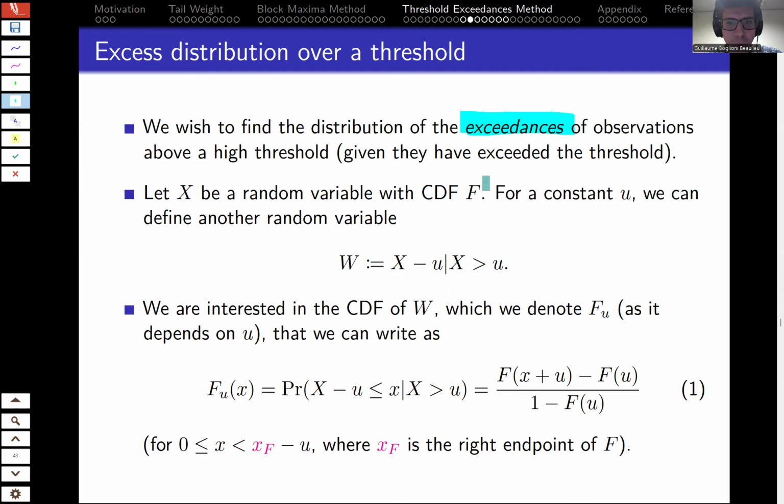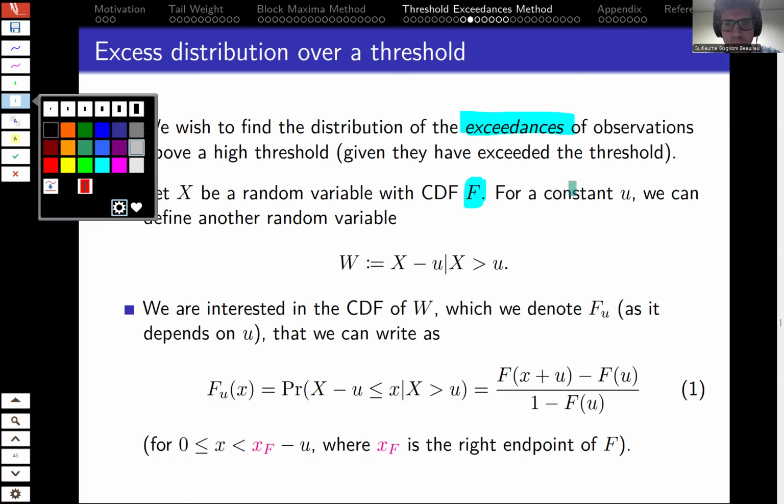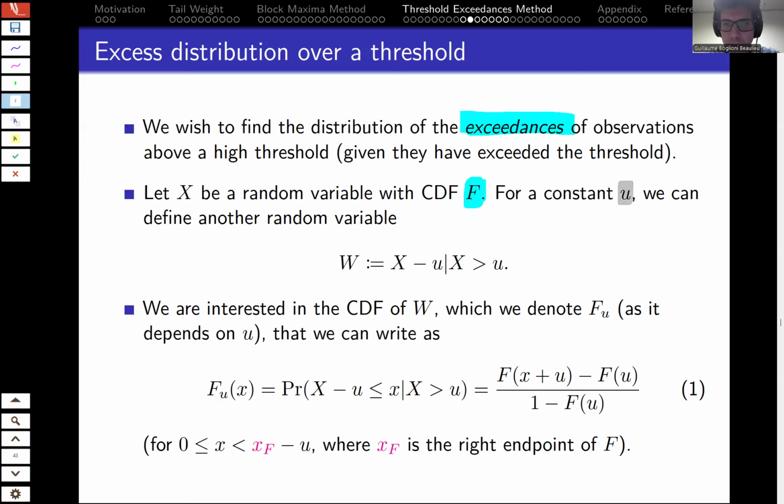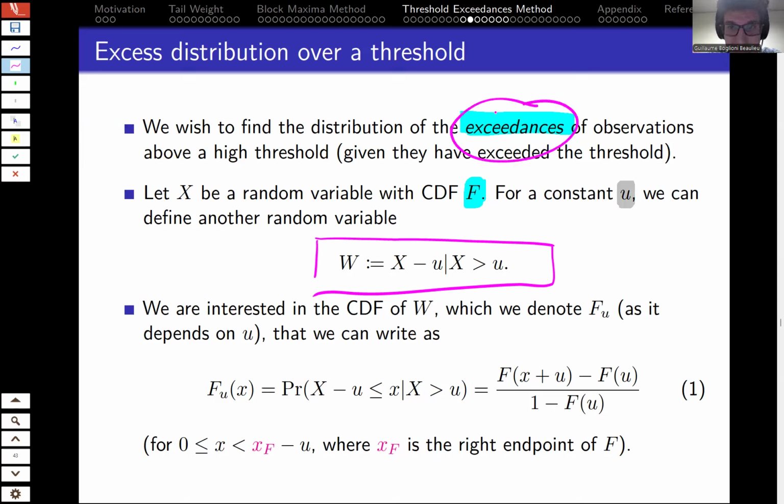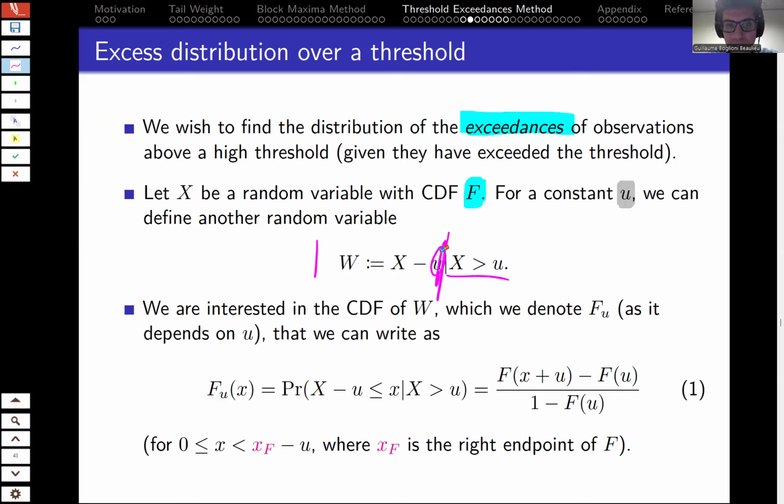We call X a random variable with a certain distribution, a certain CDF, big F. Now, the high threshold will be this constant U. And then we define a new random variable that I presented before, this W, which is what I call exceedances, because it's by how much X exceeds U, given it has exceeded U. Something we've seen quite a few times.